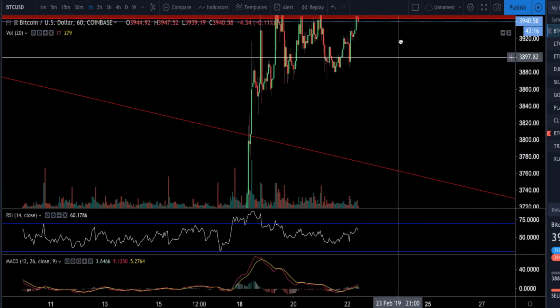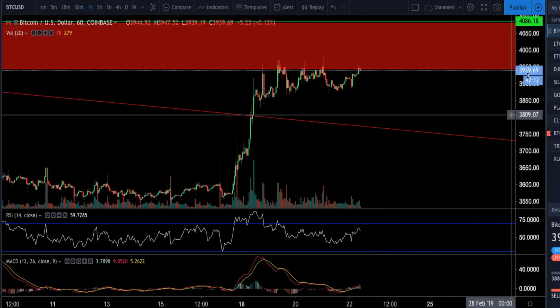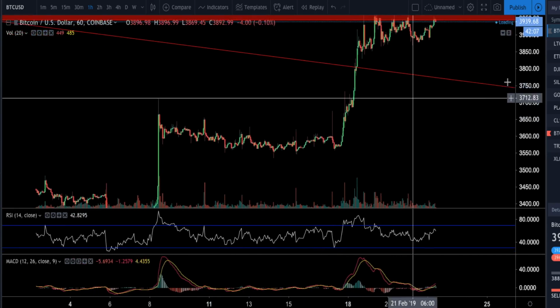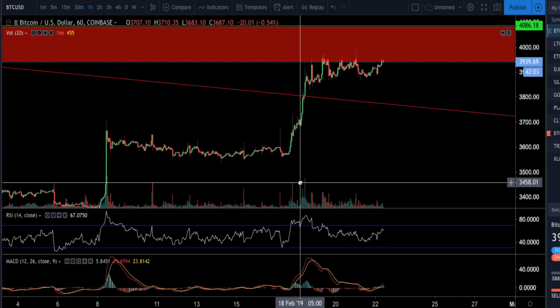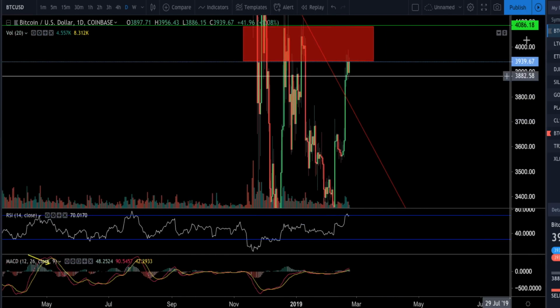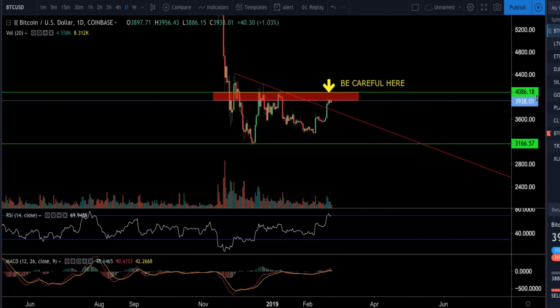Oh my gosh, guys, look at this. It's amazing. We've definitely hit bottom. We're making higher highs, and this is it, guys. This is what we needed, until you zoom out and look at the macro view. You have to zoom out and look at the macro view.